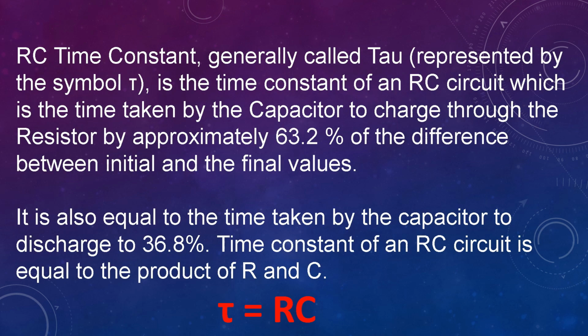The RC time constant, generally called tau and represented by the symbol tau, is the time taken by the capacitor to charge through the resistor by approximately 63.2% of the difference between the initial and the final values. It is also equal to the time taken by the capacitor to discharge to 36.8%. The time constant of an RC circuit is equal to the product of R and C: tau equals RC.